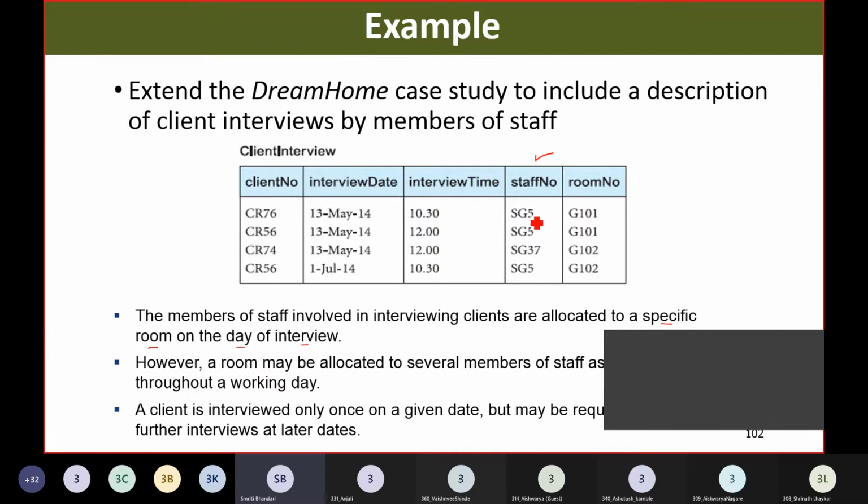So staff members who are conducting the interviews on a particular date are allocated a specific room to conduct that interview, right? However, a room may be allocated to several members of staff as required throughout a working day.